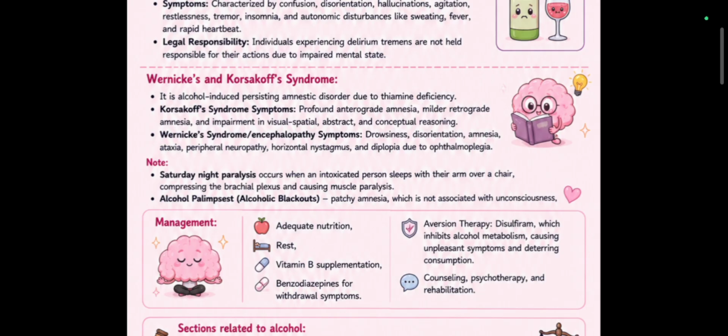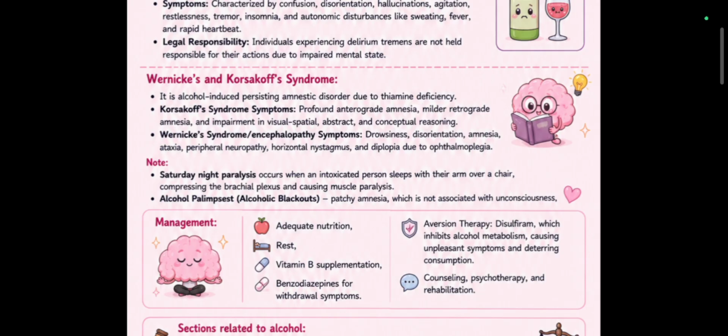Now what are the symptoms of Korsakoff syndrome? Profound antegrade amnesia, new memory is lost. Milder retrograde amnesia, past memory is mildly lost. An impairment in visual, spatial, abstract, and conceptual reasoning. These are the symptoms of Korsakoff syndrome.